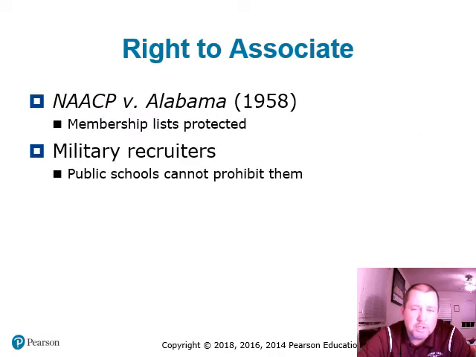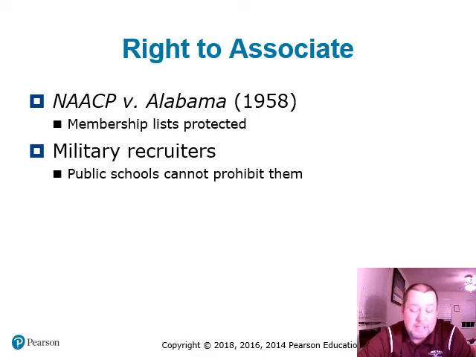Right to associate simply means that membership lists are protected. So government can't force the ACLU or the NAACP or any organization to give up its memberships. Right to associate also extends to the government, right? So like military recruiters, for instance, get access to public schools.